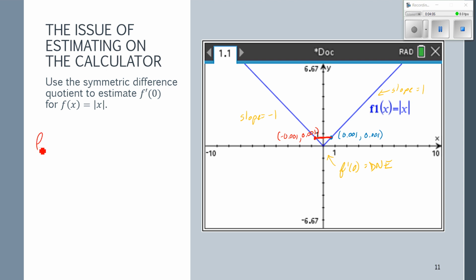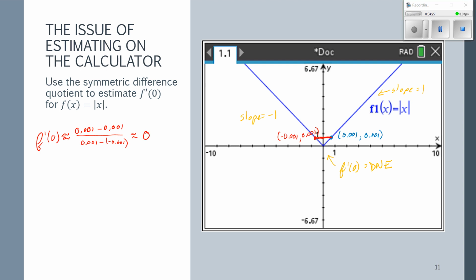And when I do that, it says f prime of 0 is going to be about 0.001 minus 0.001 over 0.001 minus negative 0.001, which gives me 0.